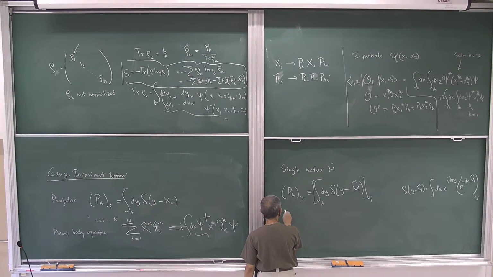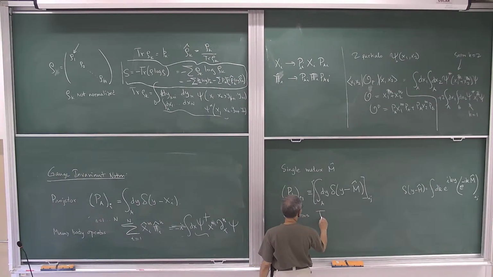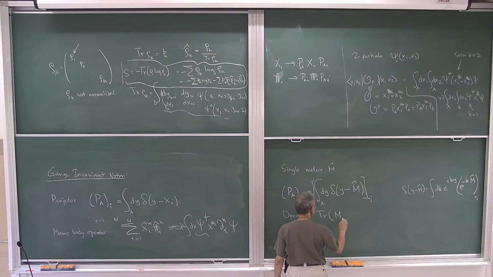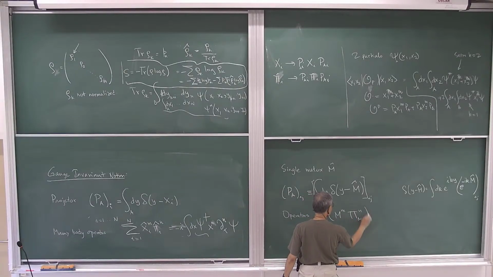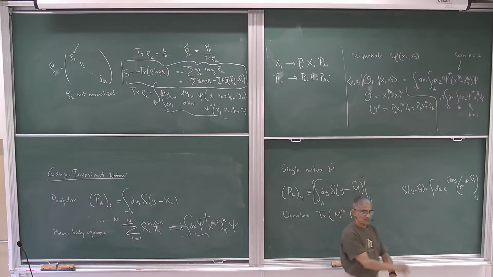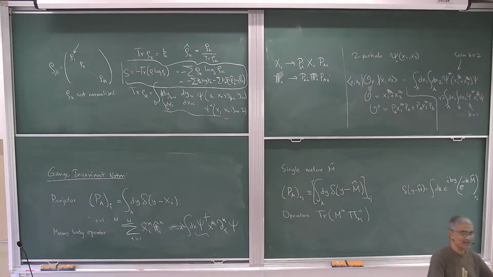The operators of the full theory are like trace. These are the invariant operators. Trace of M, some pi M to the power N, various orderings. Put a string of M's and strings of pi M. That's the most general operator in the theory.